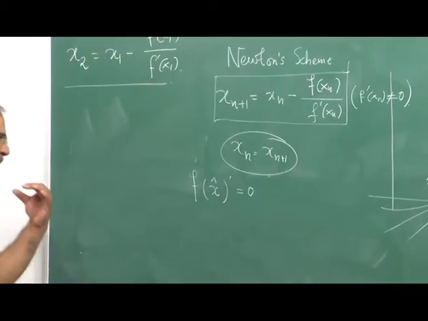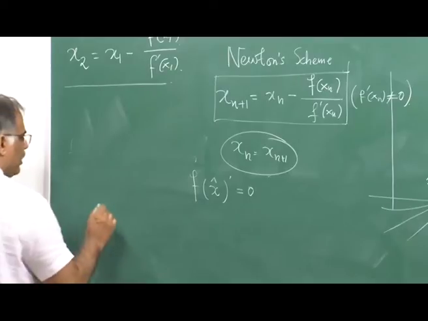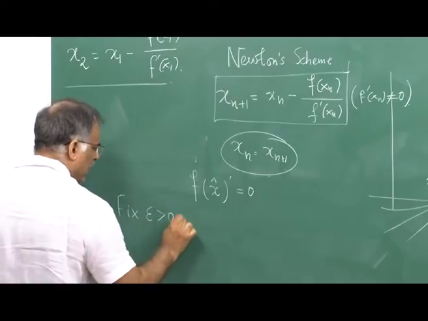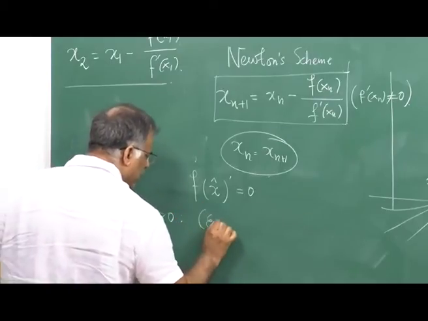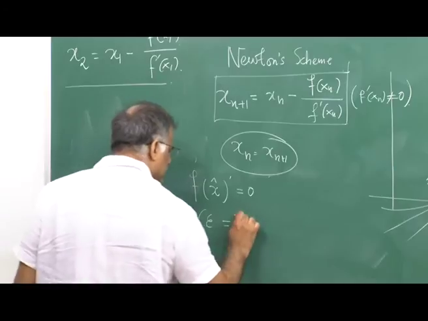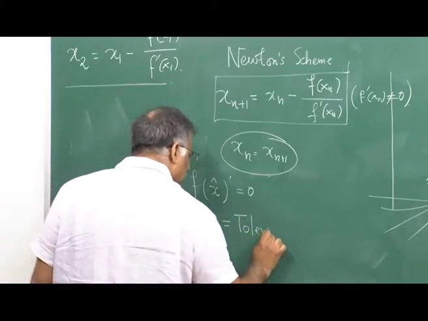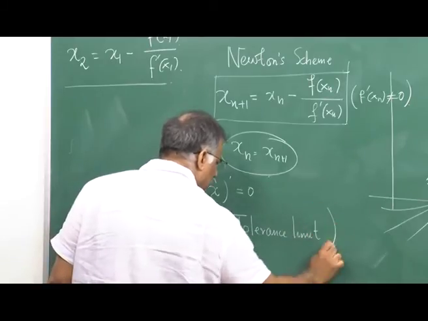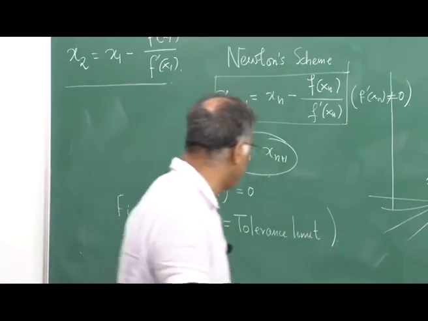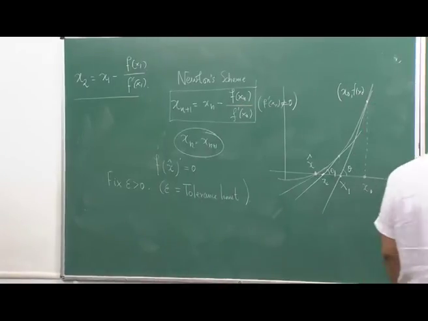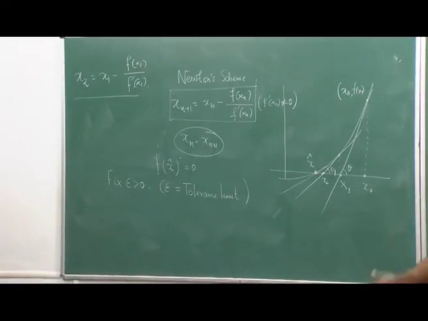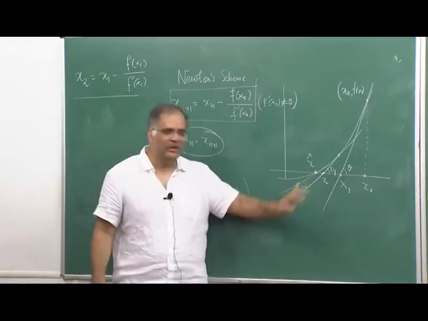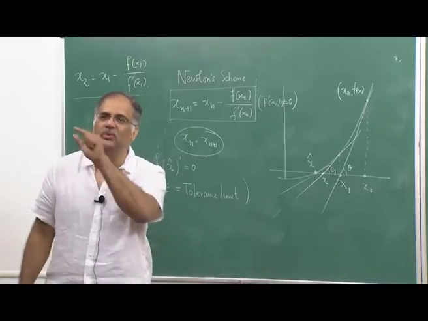So the way things would be done in an algorithm is to fix epsilon greater than 0, and epsilon is called the tolerance limit. Now, in practice, in most cases, I would never reach x hat. So what am I supposed to do?